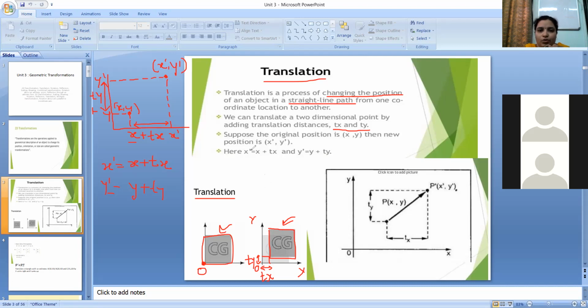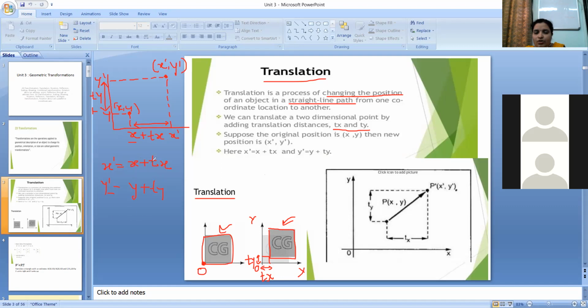So if I want to write these expressions in matrix form, how can I proceed? Here onwards, all the transformations, maybe 2D or 3D transformations, we are going to represent with the help of matrices, and that too matrix multiplication. I'm going to represent all the operations with matrix multiplication.